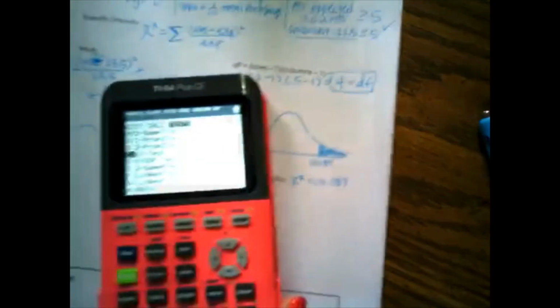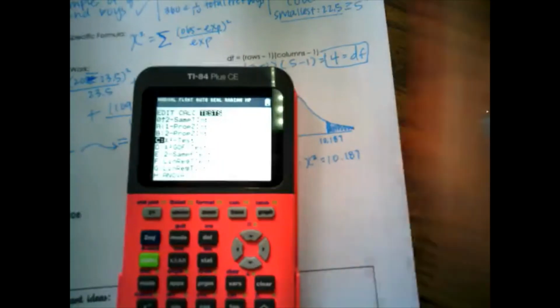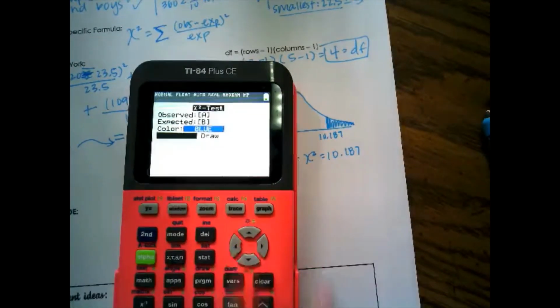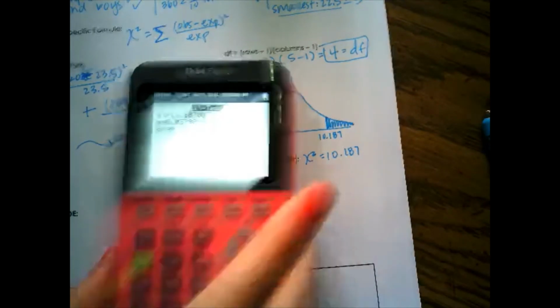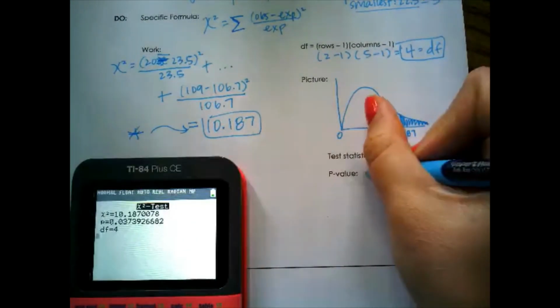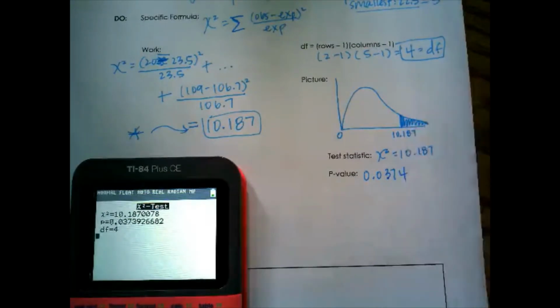It's option C in my calculator. And then let's actually go now to calculate. And look, it actually gives us our exact chi-square, 10.187. And then it has our p-value of 0.0374.